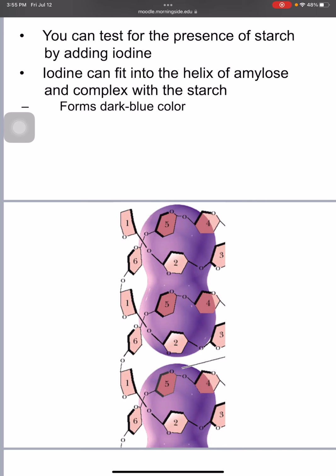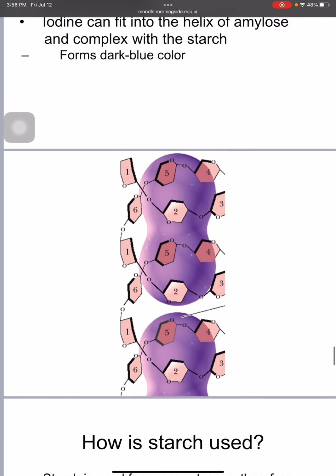So it's kind of cool. Fun little craft to do with the kids, or even on your own. Fun fact, that blue color, you can completely make it disappear by adding vitamin C. Vitamin C actually breaks up that complex, so it makes it go clear again. I've done that demo a lot of times. It's a lot of fun.